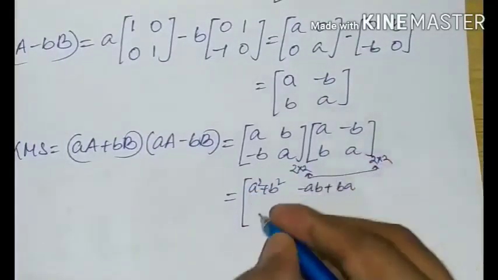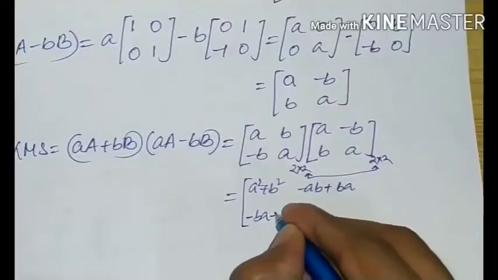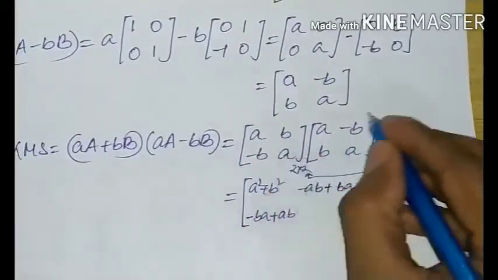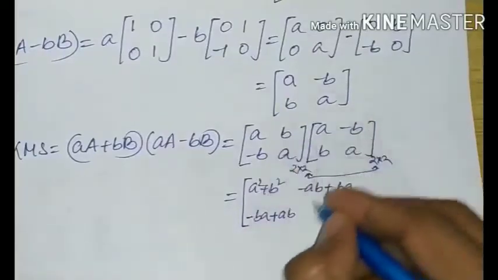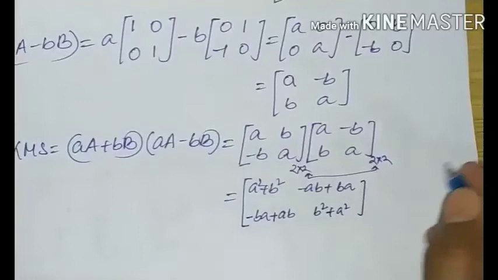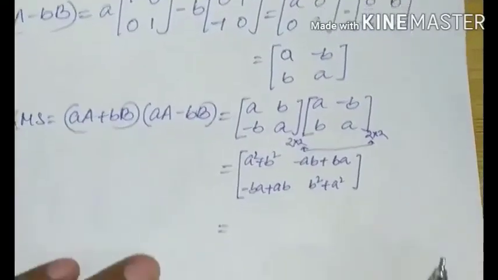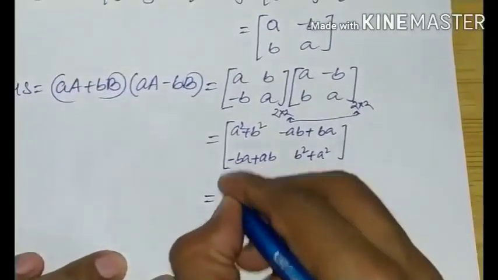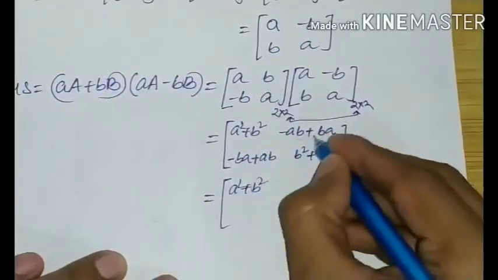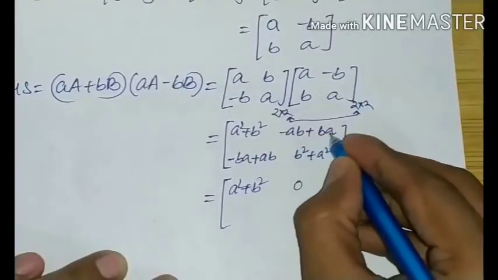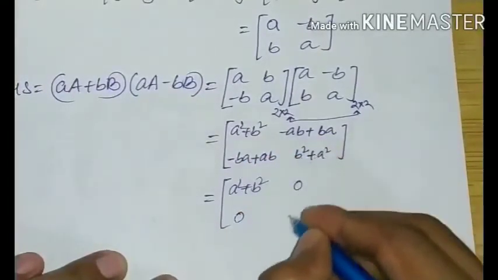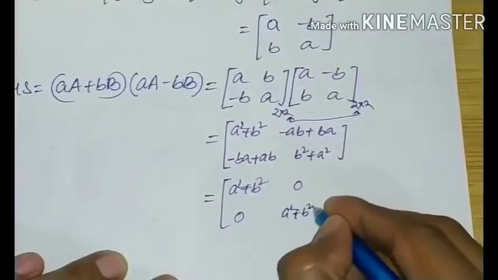Second row and first column will be minus ba plus ab, and second row and second column will be minus b square plus a square. Okay, again this will be equal to a square plus b square, 0, 0, a square plus b square. It becomes 0 because minus ab plus ab will be 0, and minus ab plus ab also will be 0.